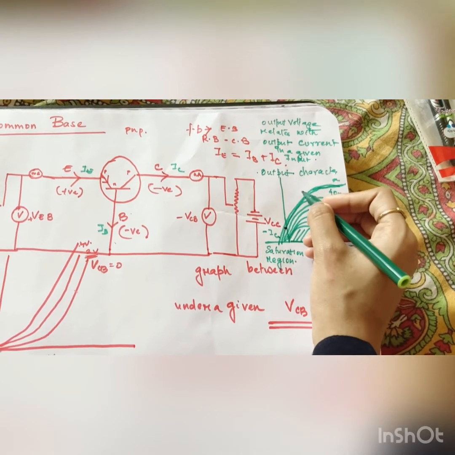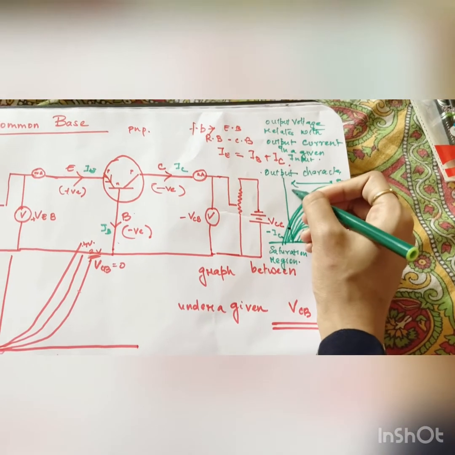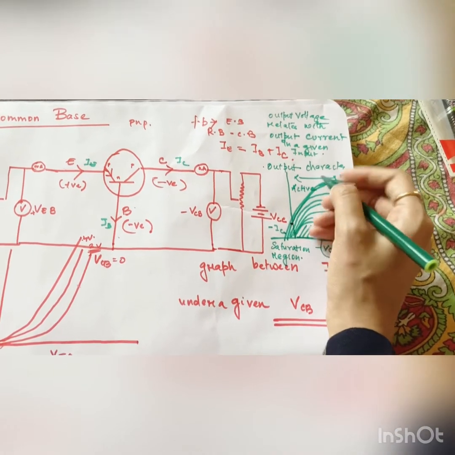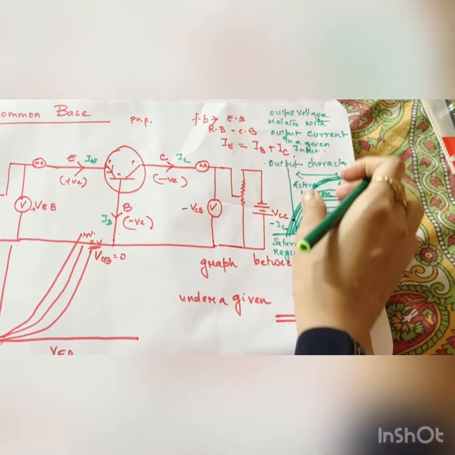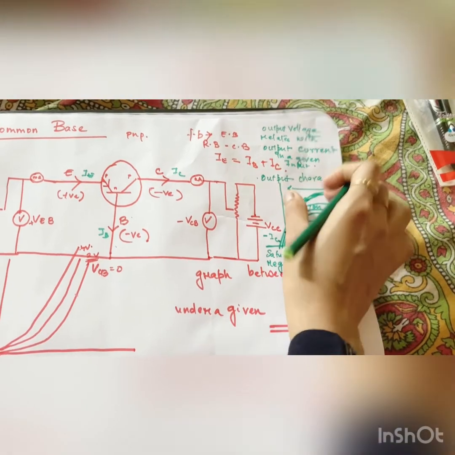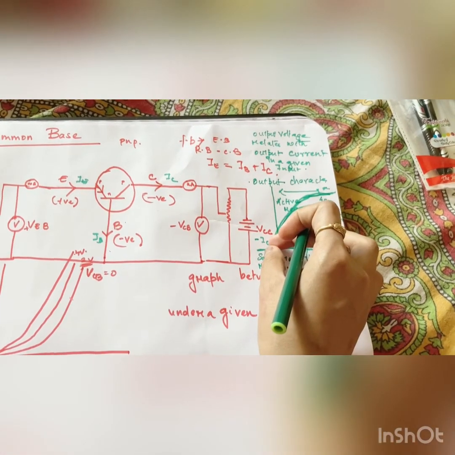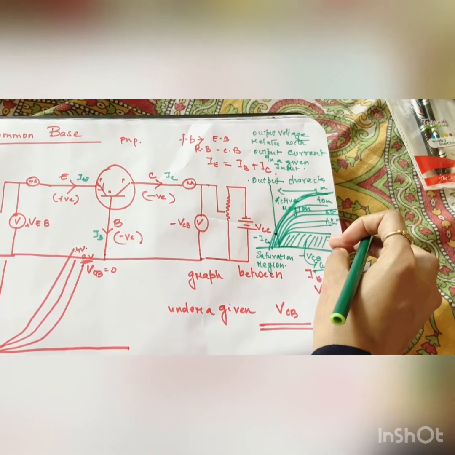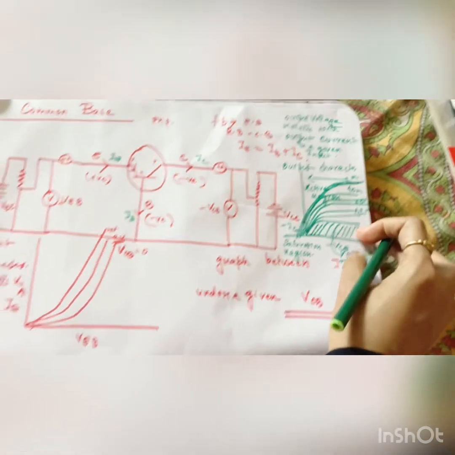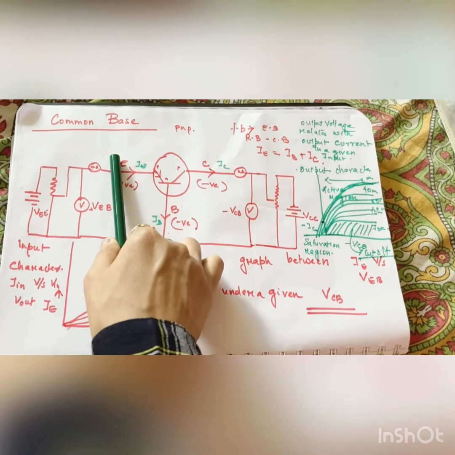And this region is said to be the active region. For the transistor to work properly, it should be in the active region. So where the curve decreases is the saturation region, and where IE equals 0 is the cutoff region. So these are the input output characteristics for the common base mode.